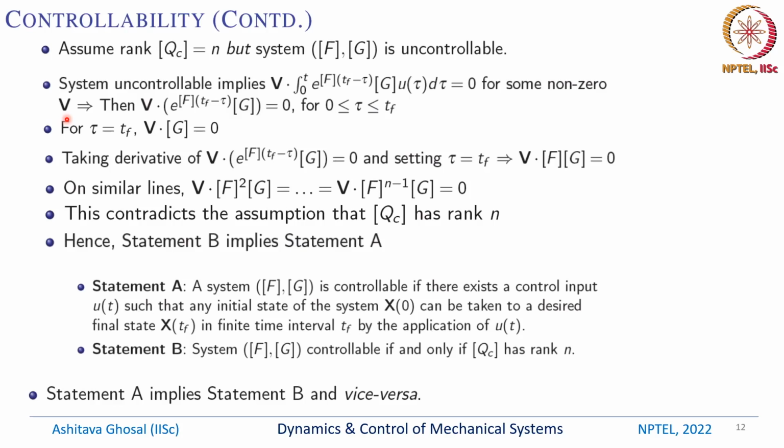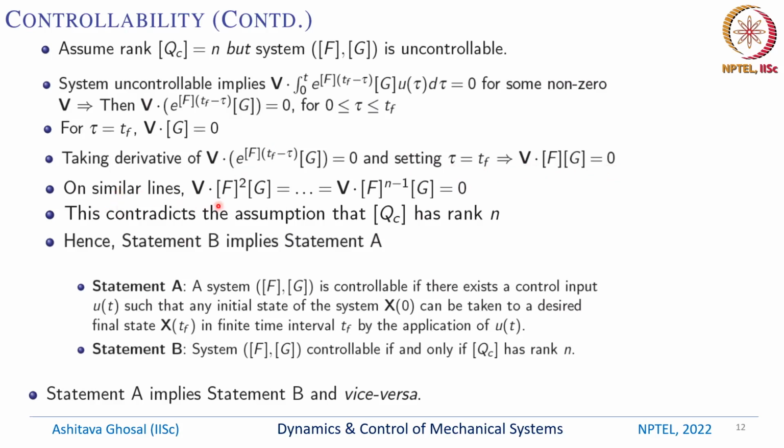Then we can show this implies that v dot e to the power F(tf minus tau) into G is 0, for some 0 less than or equal to tau less than or equal to tf. So for tau equals tf, v dot G will be 0. Then taking the derivative of v dot this equal to 0 and setting tau equals tf, we will have v dot FG equal to 0.